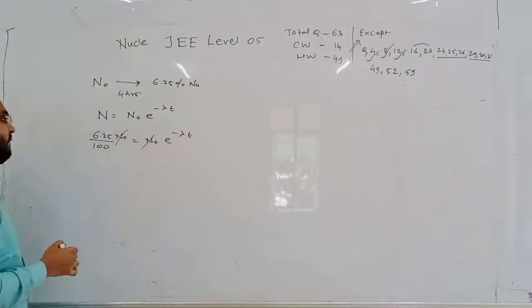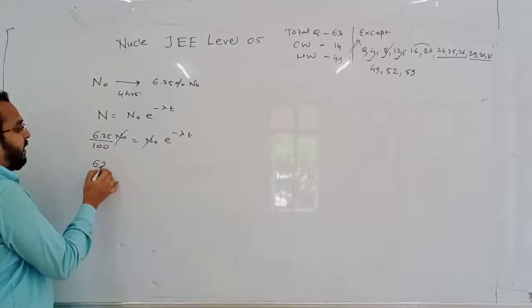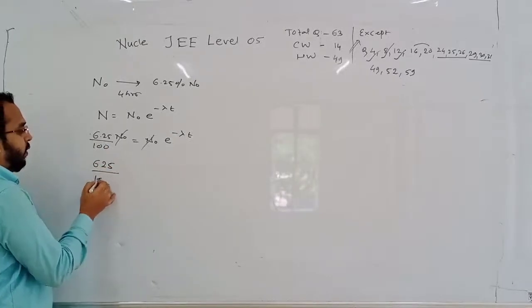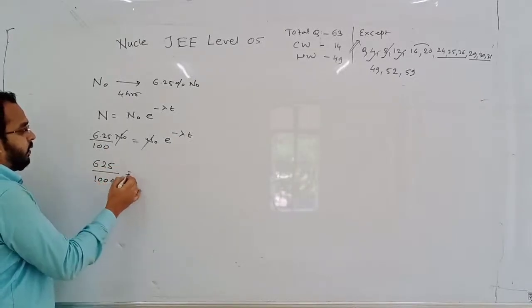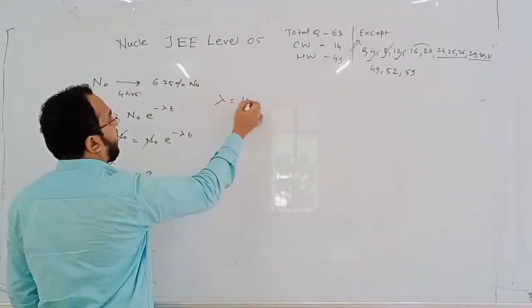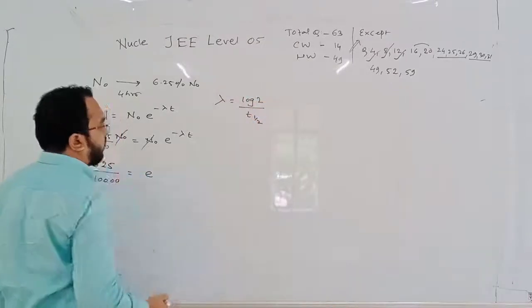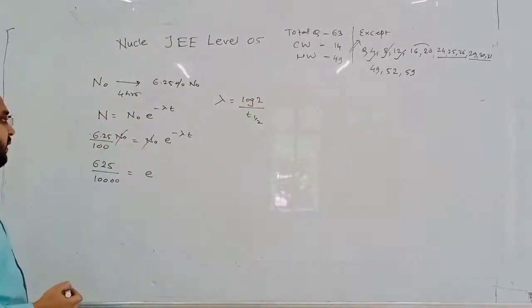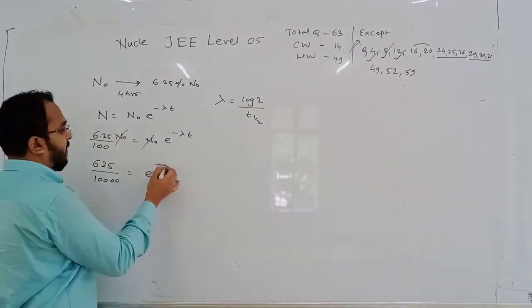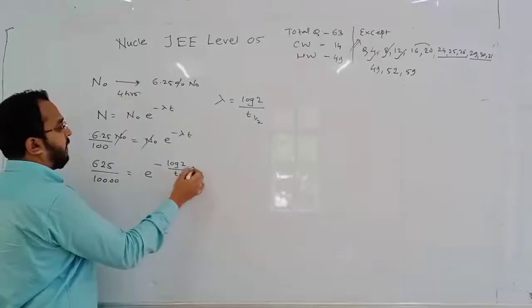N0 will get cancelled. Now 6.25 upon 100 we can write as 625 upon 10000, which is 1 by 16, equal to e to the power minus lambda t. Lambda can be written as log 2 upon t half, so we can replace lambda as log 2 upon t half into t.